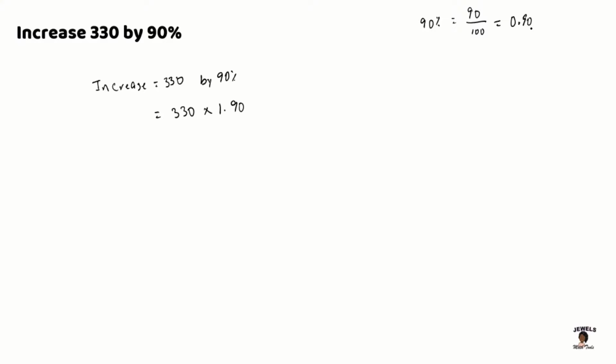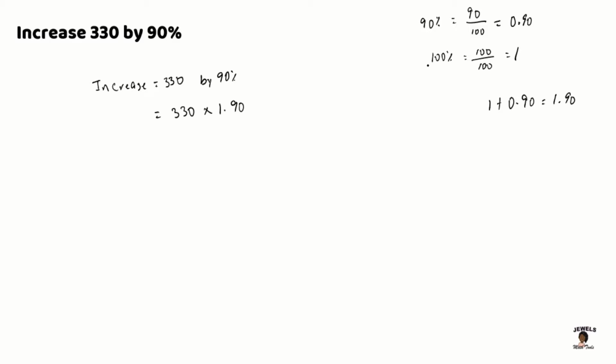So this is how we got our 90, and again our 100% is equal to 100 over 100, which is equal to 1. And our 1 plus our 0.9 will be equal to 1.90. And remember that again, we don't have to keep repeating the step.